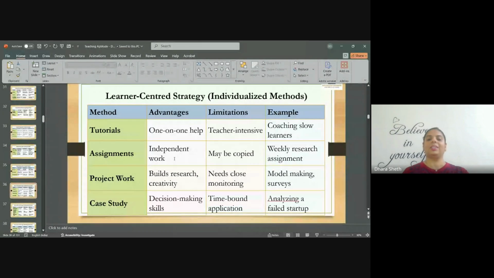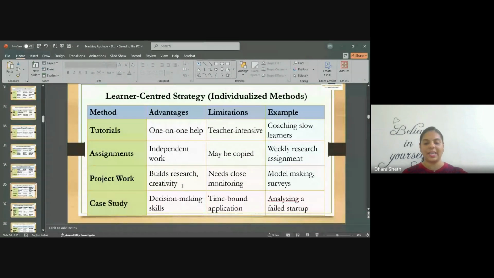Project work, where the teacher is not involved, the students are doing it on their own. But it needs close monitoring. Otherwise, all the emotional problems that crop up can kill the project. So the problems start with two groups wanting to do the same project. He has stolen my idea.